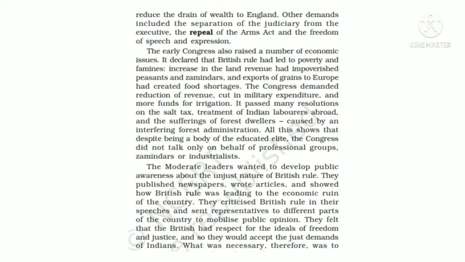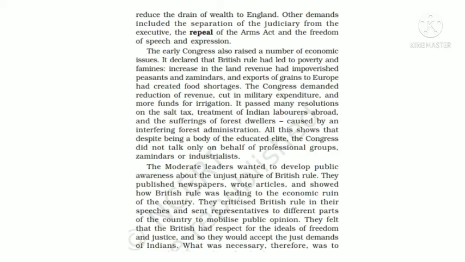Okay. The early Congress moderates also raised a number of economic issues to declare that British rule had led to poverty and famines. How? Congress demanded reduction of revenue, cut in military expenditure, and more funds for irrigation.